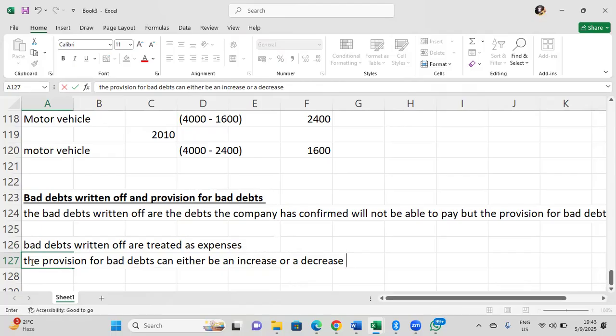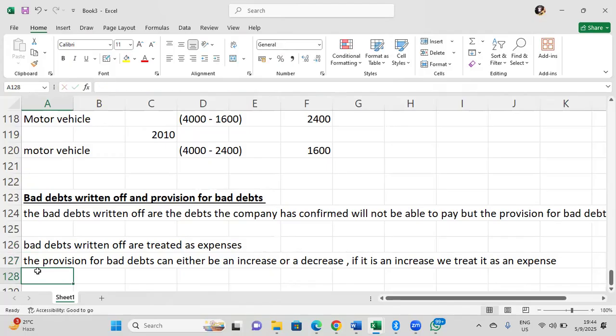The provision for bad debts, if it is an increase, we treat it as an expense.